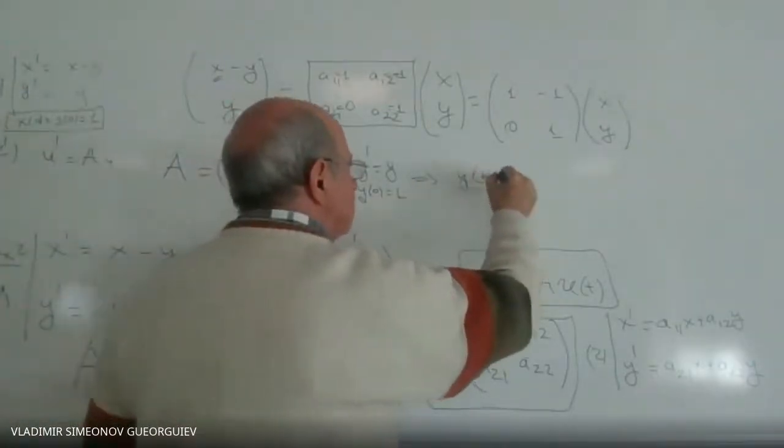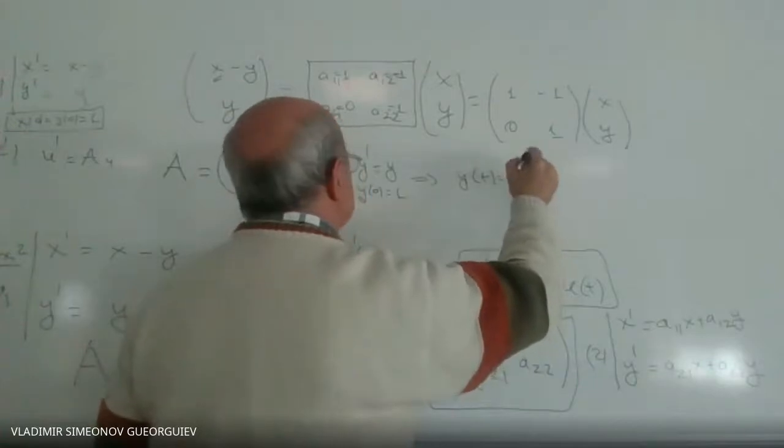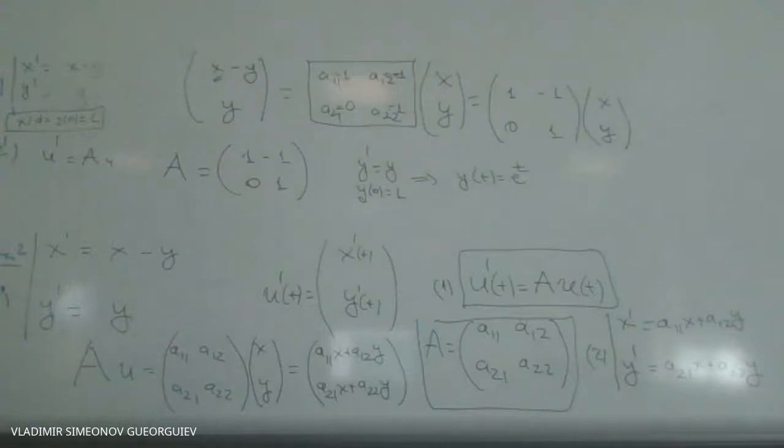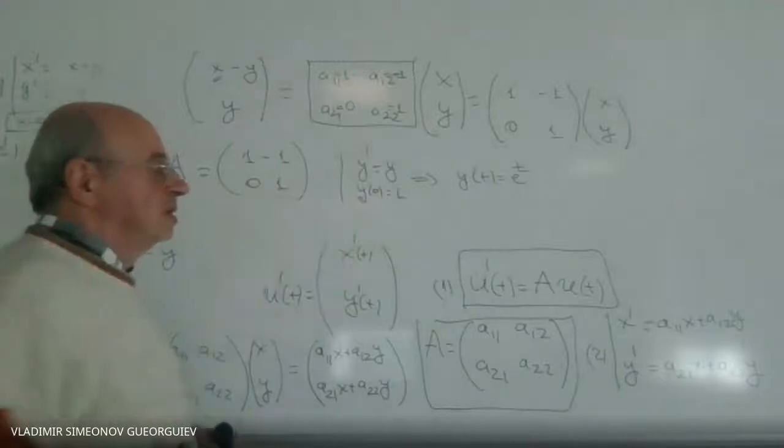Epsilon t is a to the power t. And that's all. This is the exact solution. Let me recall you once more.